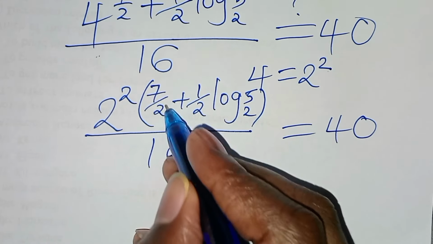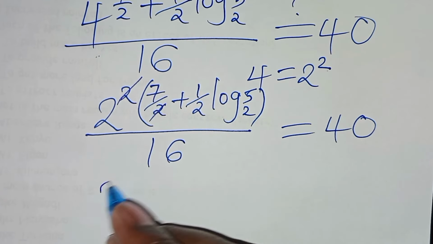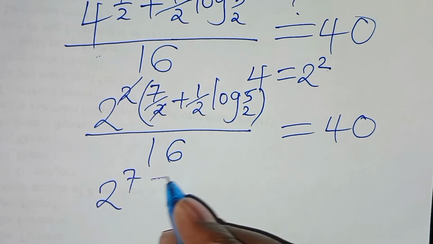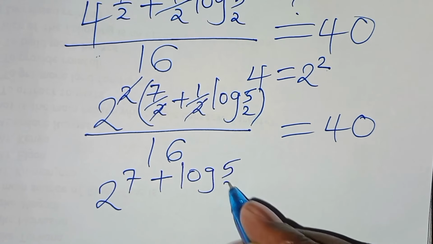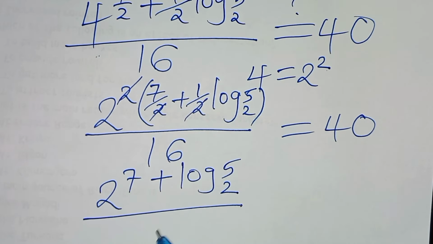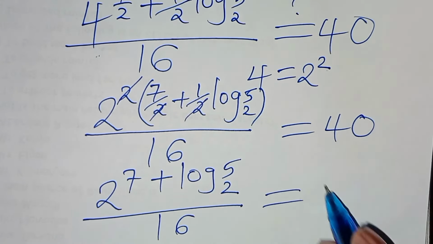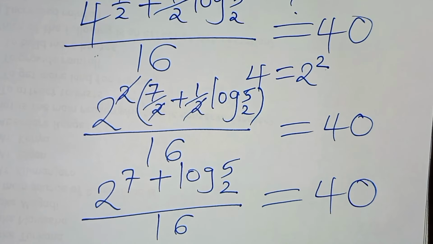Now let's simplify this so that we'll have 2 to power 7 plus log 5 to base 2, divided by 16, which should give us a value of 40.